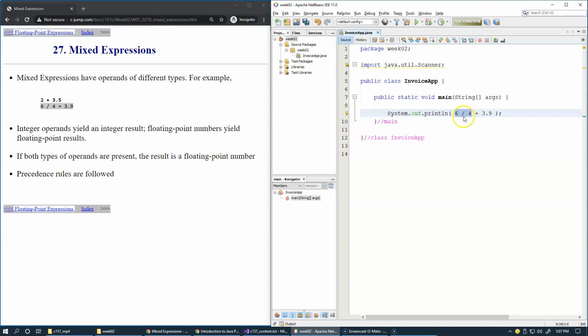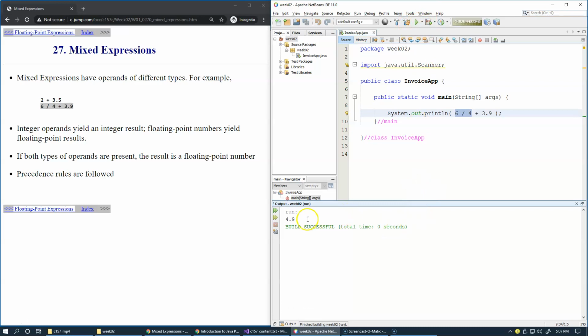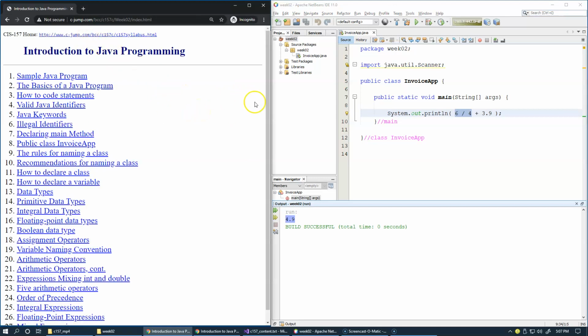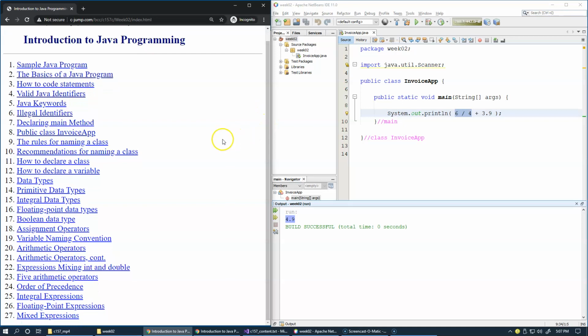And this is why 1 plus 3.9 gives you 4.9, which may not be exactly what you were expecting if thinking about straightforward floating point arithmetic. So this concludes our presentation on various topics of basic Java programming rules and examples using arithmetic operators.